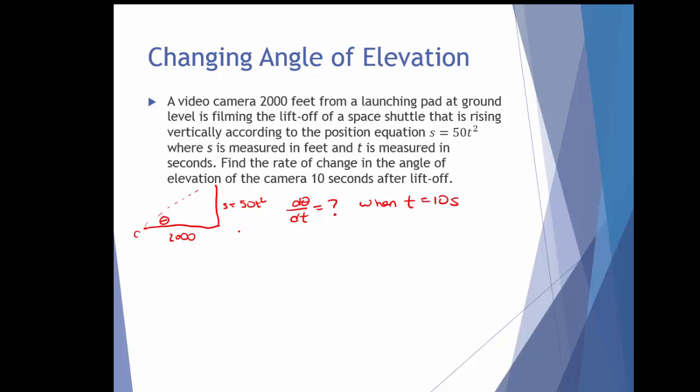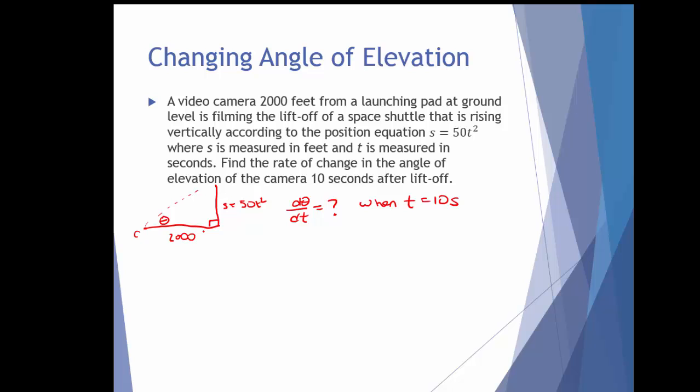So we know we need some kind of equation to relate our knowns and our unknowns. So what I'm seeing is a triangle, specifically a right triangle. But this time, I don't just need to talk about the sides of the right triangle, I also need to involve an angle.